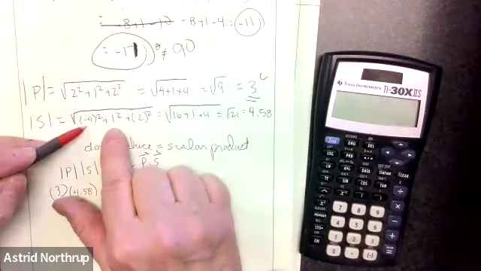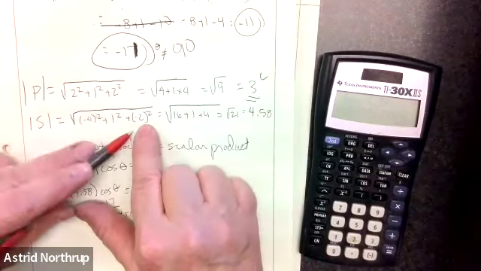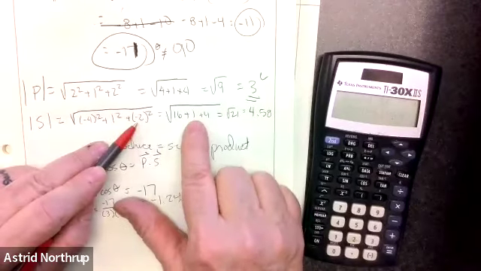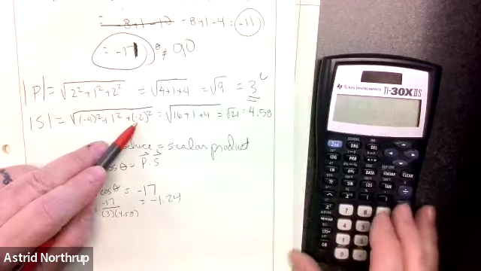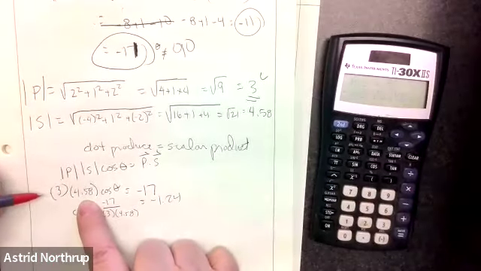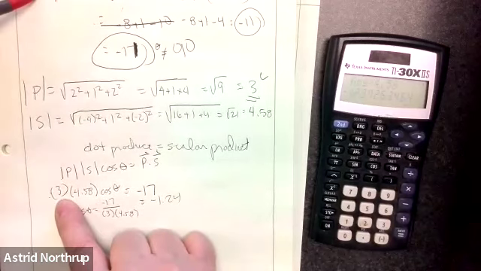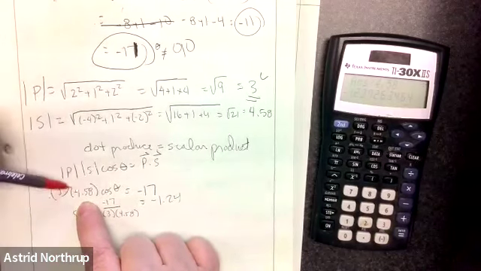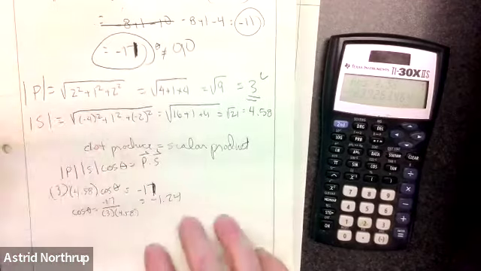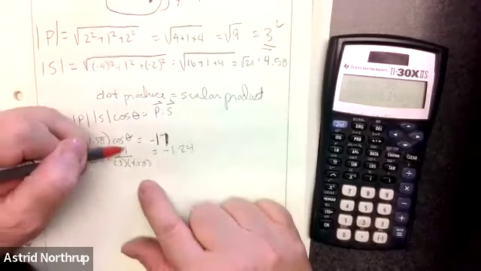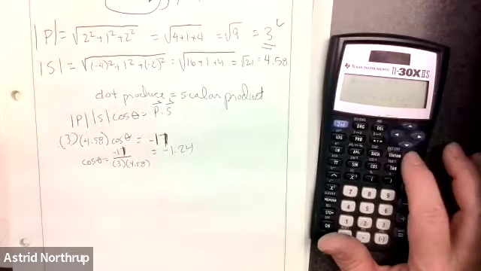Now S: 16, 1, and 4, 21, about 4.58. Okay, so I hope I am correct so far. So this number is 3, and this number is 4.58, and this number is -11.